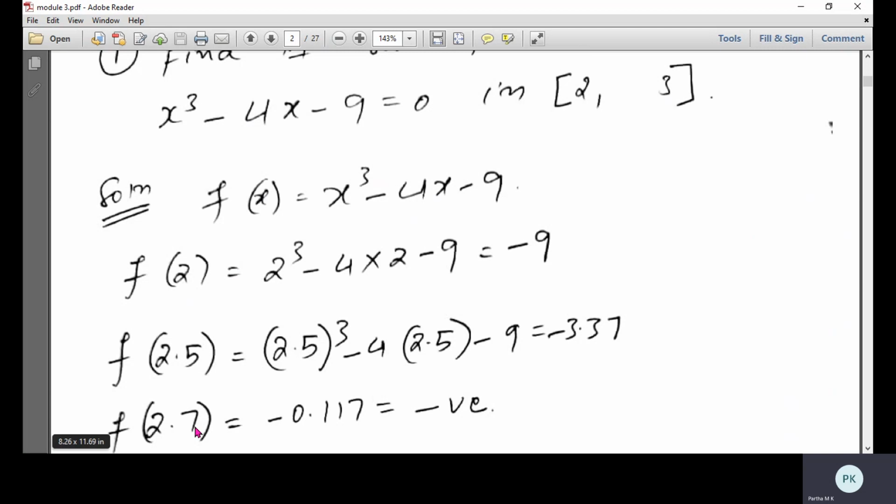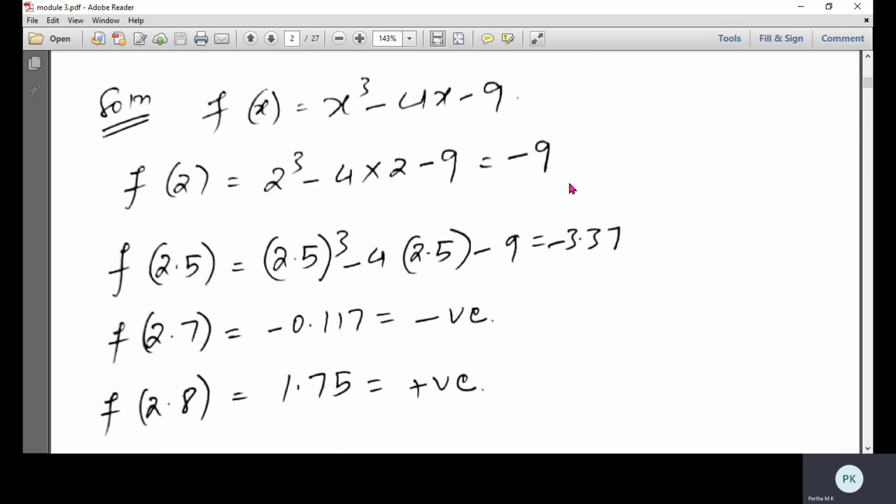Put x is equal to 2.7: 2.7 cubed minus 4 into 2.7 minus 9, negative value. Observe, negative, negative, negative. Forget about that. Let us put x is equal to 2.8: 2.8 cubed minus 4 into 2.8 minus 9, positive value. So what has happened?